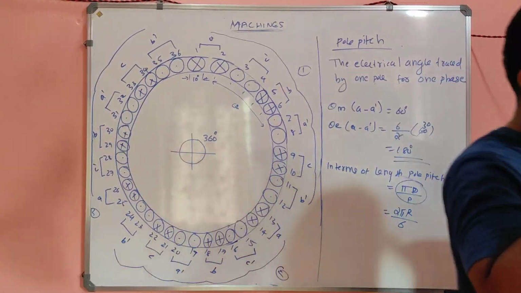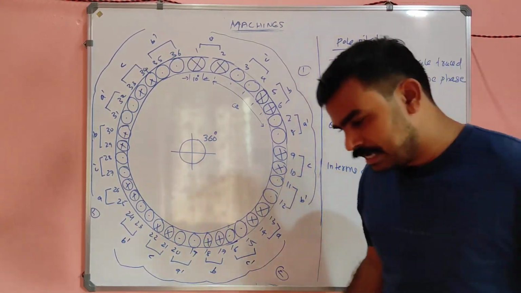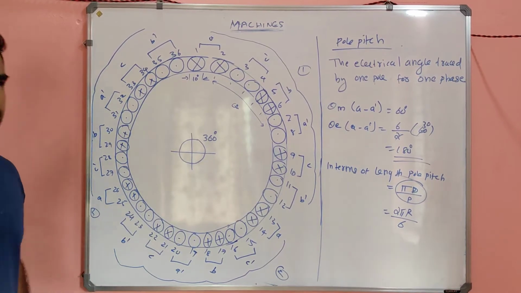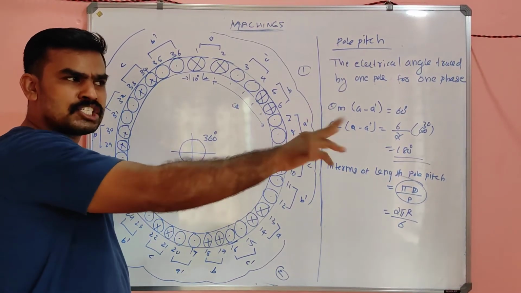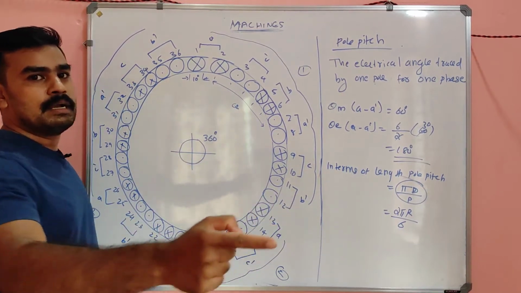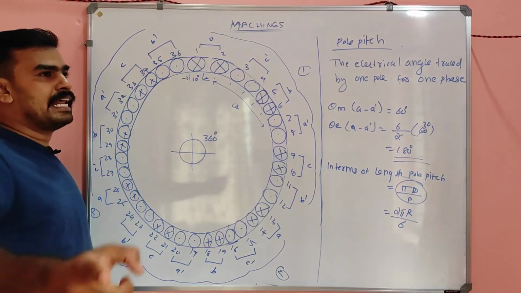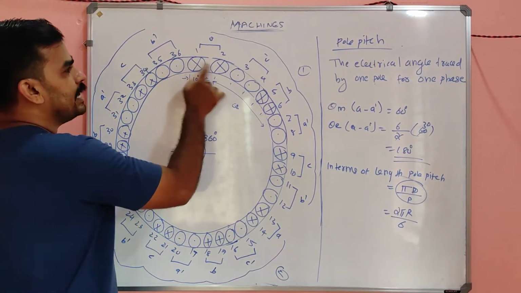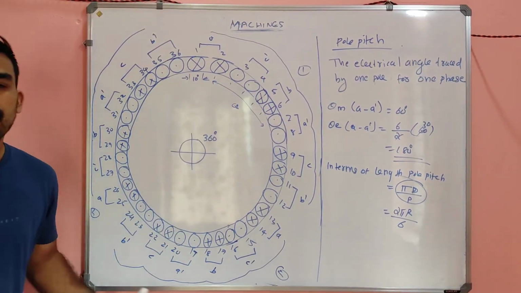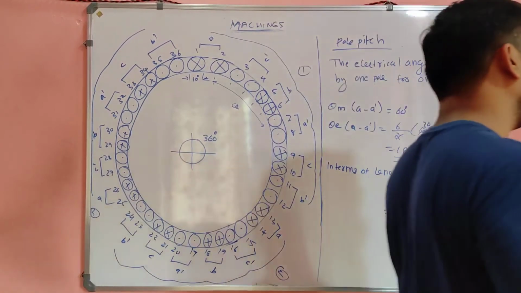Phase spread means a single phase. Phase A, how many slots does it cover? Only 2 slots are covered for A. Pole pitch means A to A dash, how much angle it covered? A to A dash 10, 20, 30, 40, 50, 60 degree covered. Convert it into electrical, that's all. It will give you the answer.